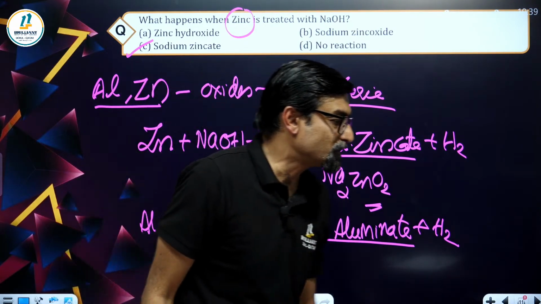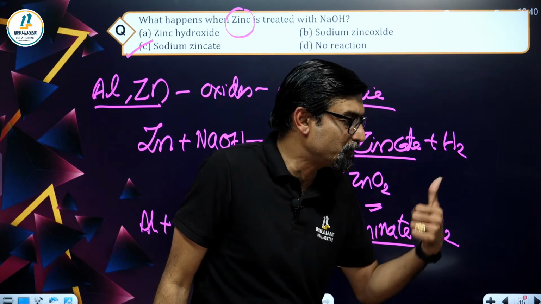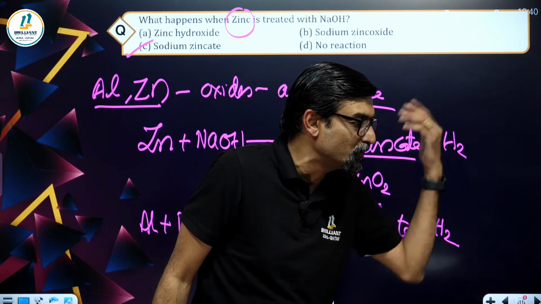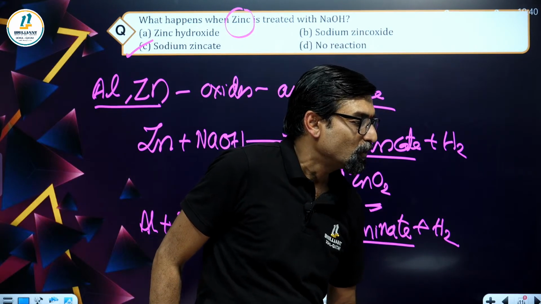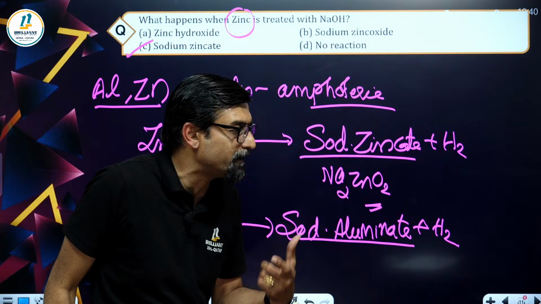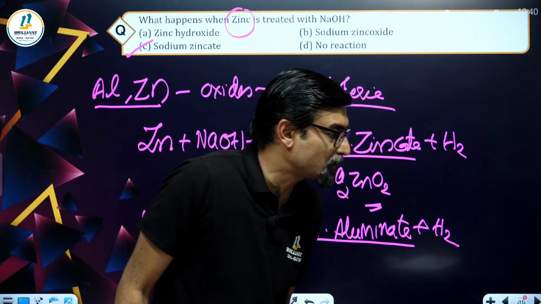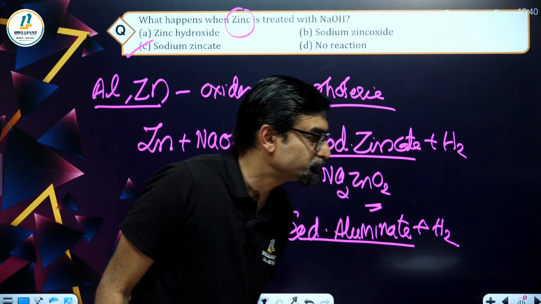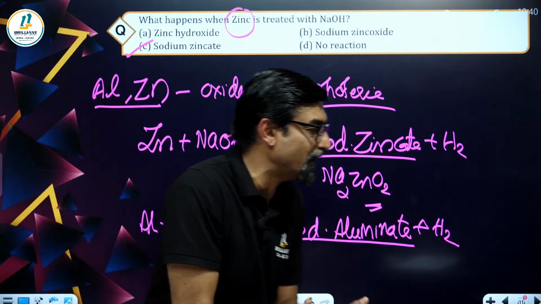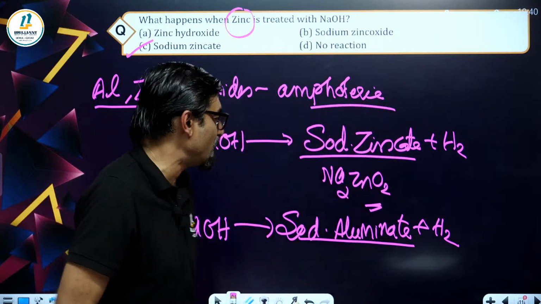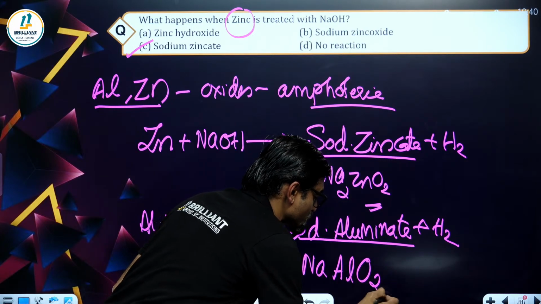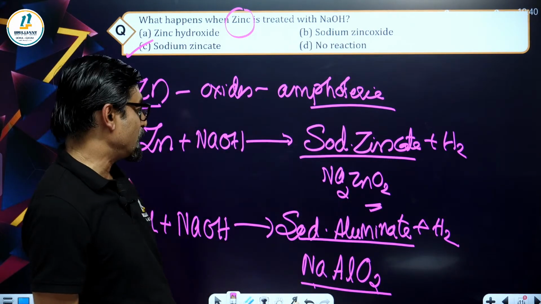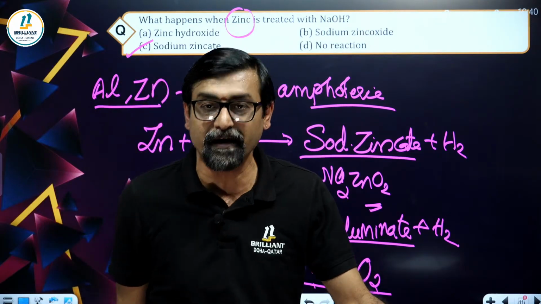Okay, Mrudal, good. Maybe I have missed you, no problem. Yes, Muhammad Arsh: NaAlO2. Very good, beta. NaAlO2 is sodium aluminate, and for zinc it is sodium zincate.